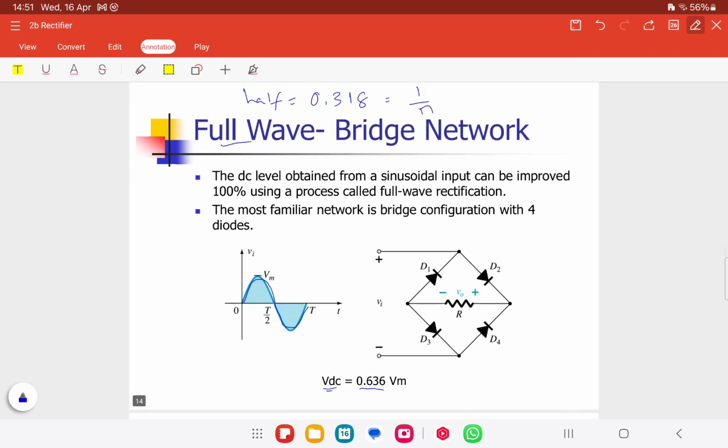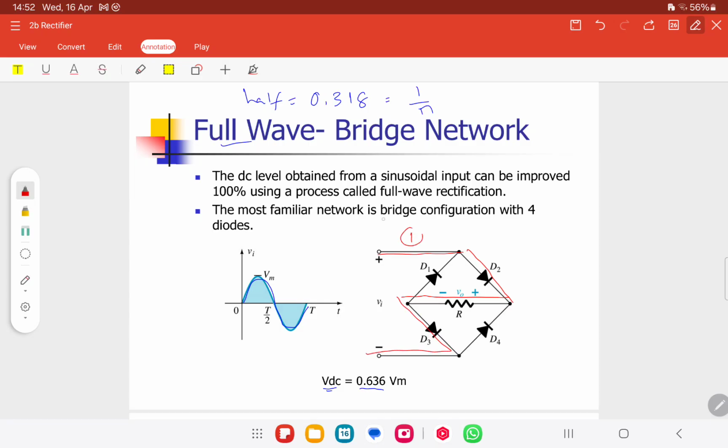Alright, so kat sini we will have 2 directions. Now we have 4 diodes, D1, D2, D3 and D4, but only 2 diode will be active in a single direction. Single laluan. Okay, lalu here, goes here. Dia akan pergi mana pula? Kiri, turun.